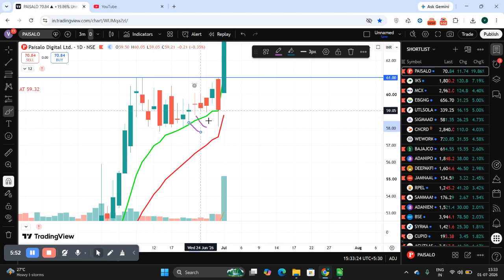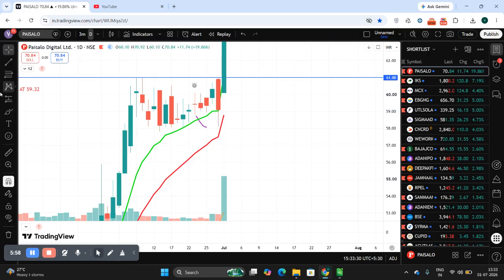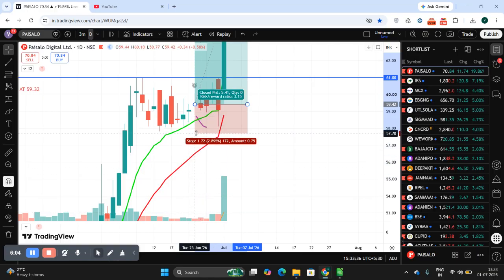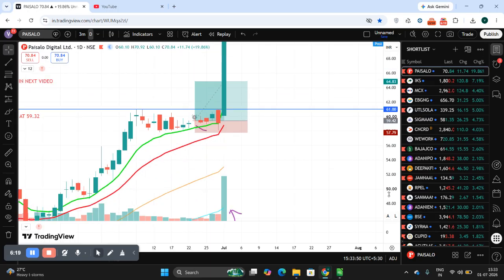I entered somewhere here, and I created a stop loss. Whenever you enter at the 20 EMA, make sure that you have a stop loss below the 50 EMA or 21 EMA. If it's a 9 EMA entry, put the stop below the 21 EMA.